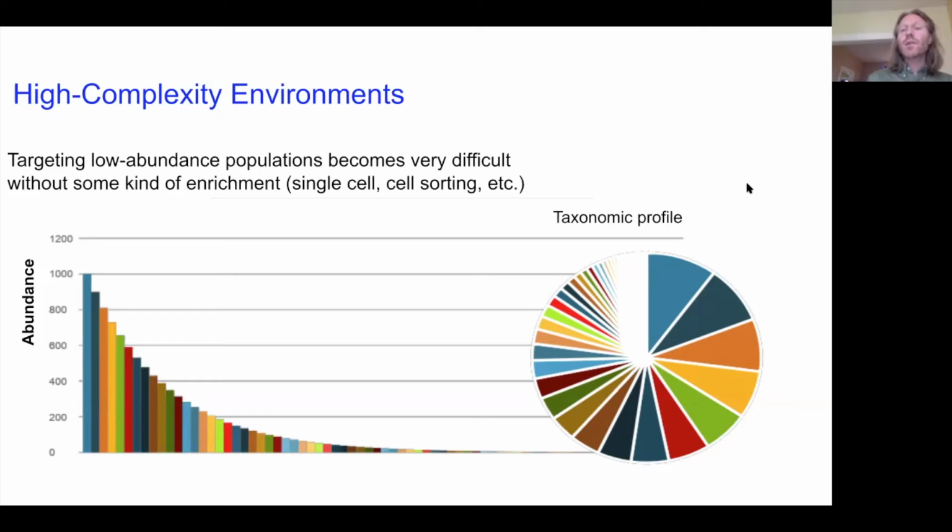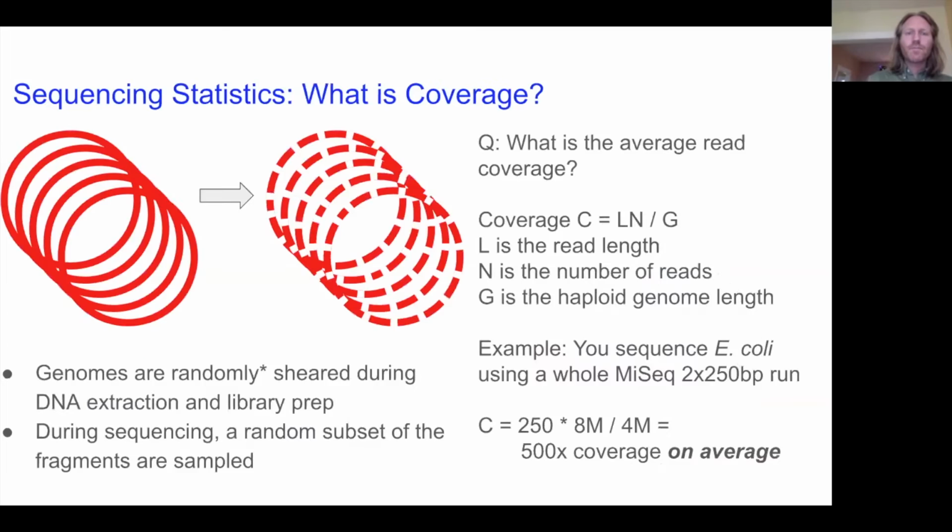Or do single cell sequencing, where you can sort individual cells into individual wells of a plate and then sequence them individually. So there are methods for getting at these rare taxa. We're not going to talk too much more about them here, but just know that if that's something that you need to ask in your scientific experiment, then there are ways to address that.